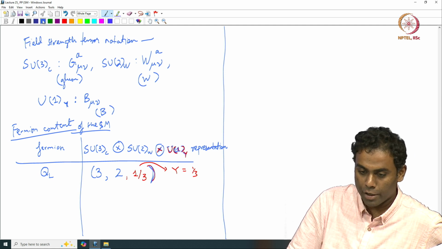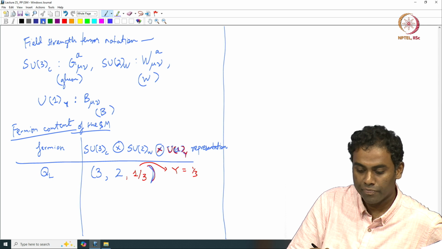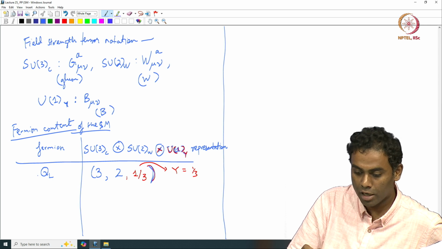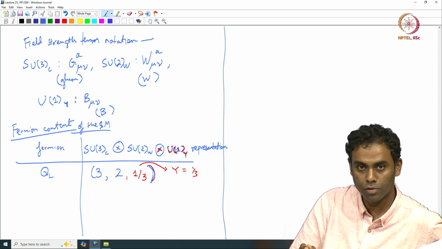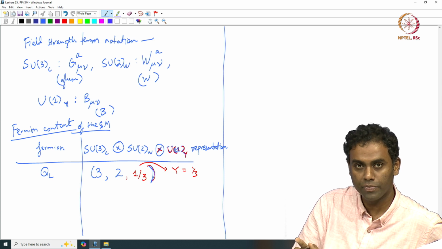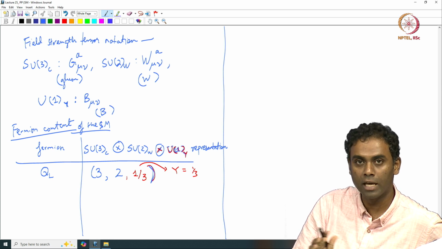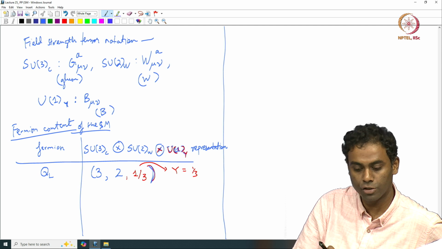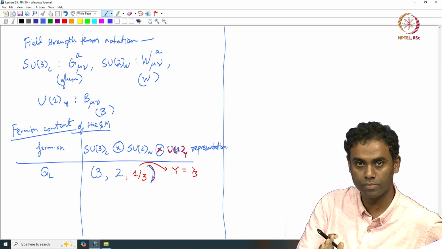Now, can you see why there is an L here? Because this field is charged under SU(2), the weak force, and the weak force acts only on left-handed objects, right? So that is what we are denoting with an L, to make sure from just the notation that you know it is charged under the SU(2).